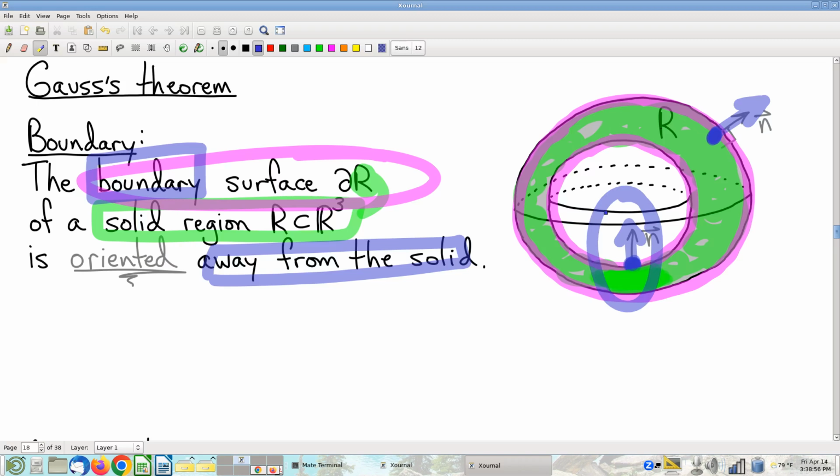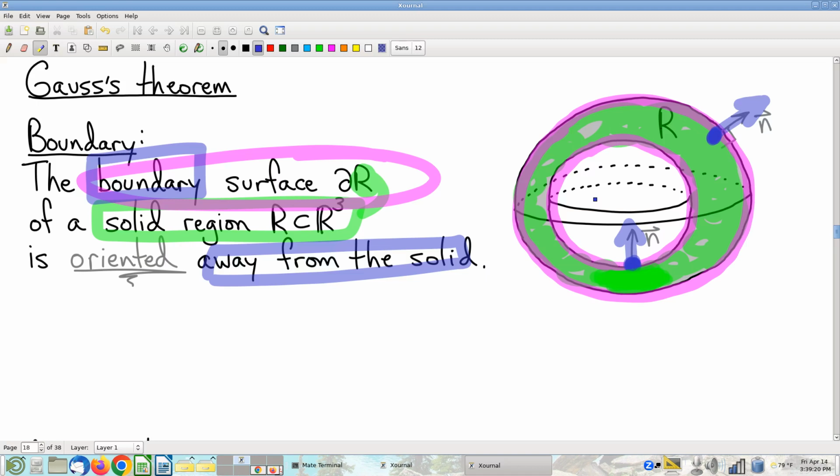If anything, that's inward. So just like with Green's theorem, you remember I kind of warned you off of the idea that it's always counterclockwise. Not really. That's the simplified, most-of-the-time answer to the question, but it's not always right, and there was a different convention there.